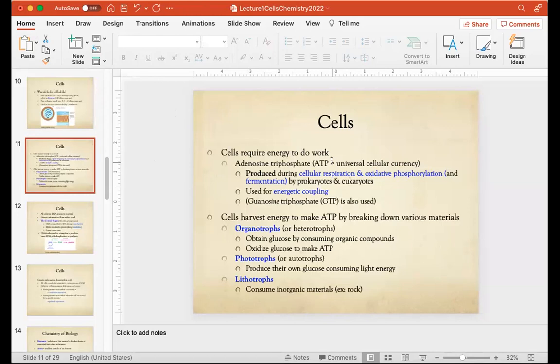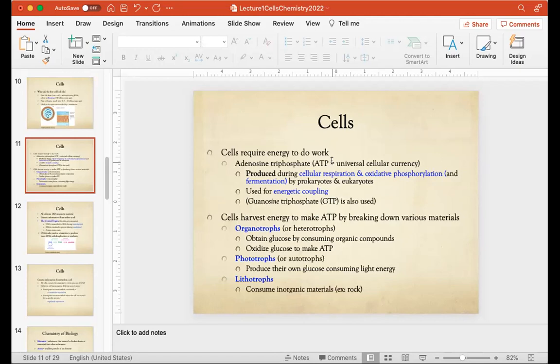It's a group of atoms that are all bound together covalently to make this molecule that we call ATP. And when you break specific bonds in that molecule, a bundle of energy is released, and the cell can use that energy in order to do work.